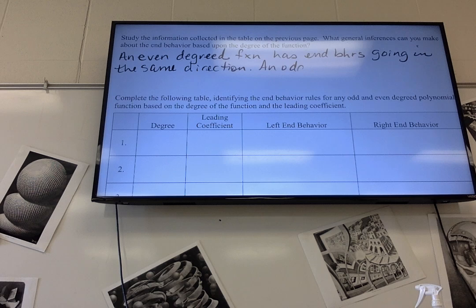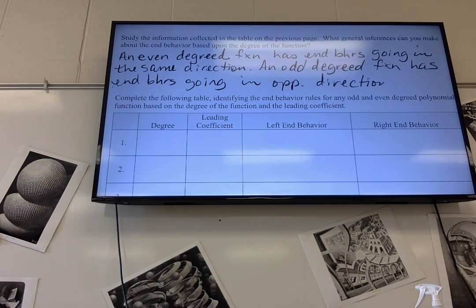An odd degreed function has end behaviors going in opposite directions. So when you add up all the multiplicities of the zeros, if it's an even number, then you know they're going to point in the same direction. If it's odd, you know they're going to point in opposite directions.